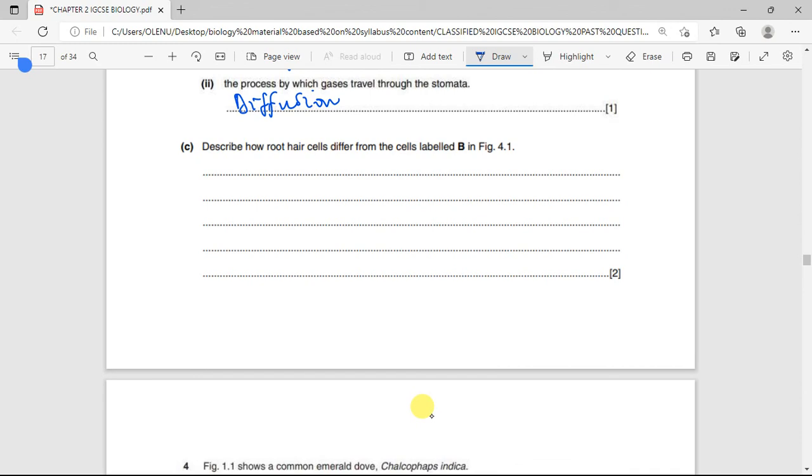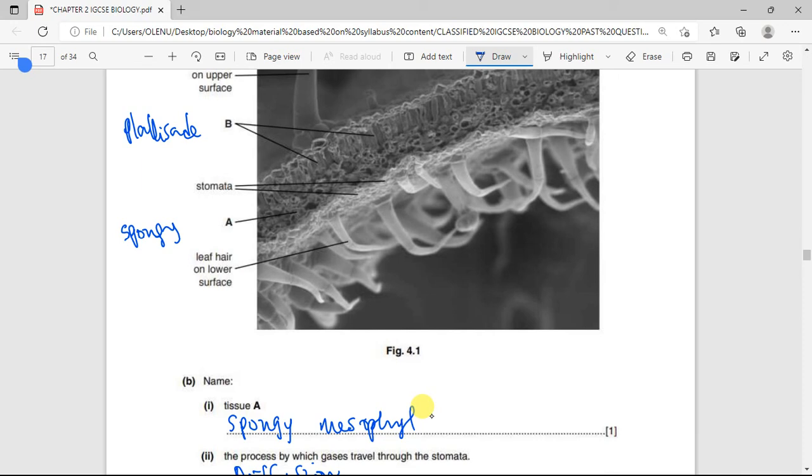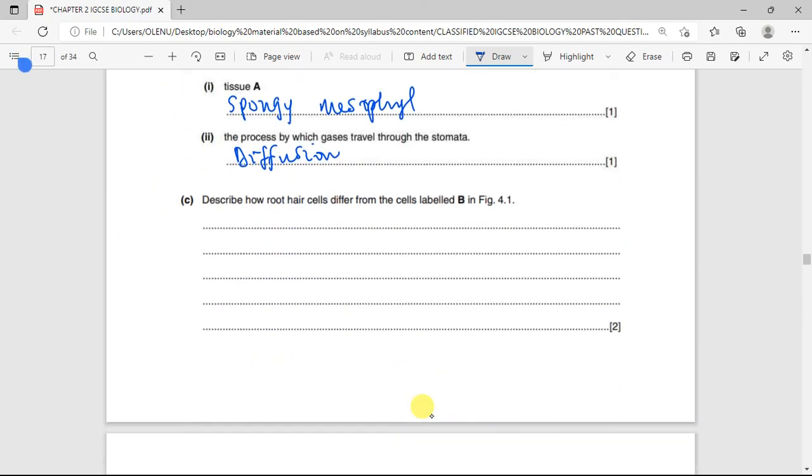Describe how the root hair cell differs from cell B. Cell B is the palisade cell. How does it differ? First, you know that root hair cells do not have a nucleus, but cell B, the palisade cell, does.